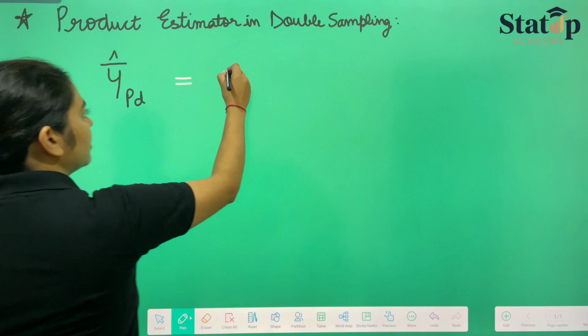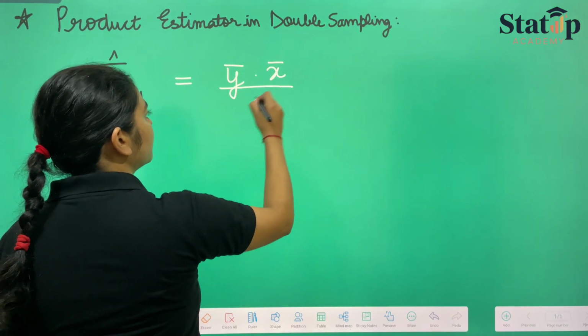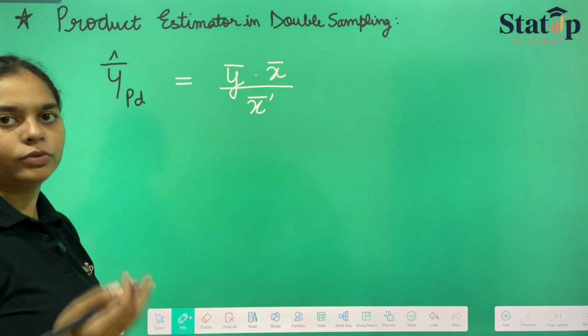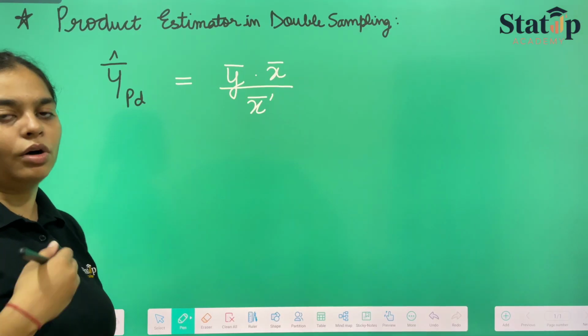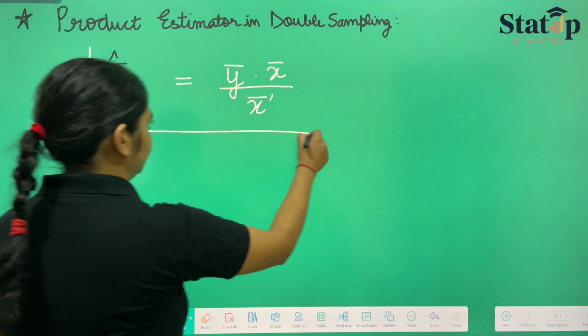It is nothing but Y bar into X bar upon X bar dash, where X bar dash is the unknown value or the predicted value of our auxiliary variable. This is the product estimator.